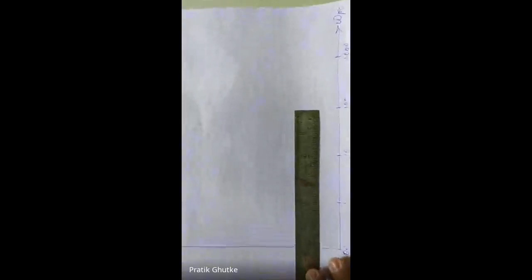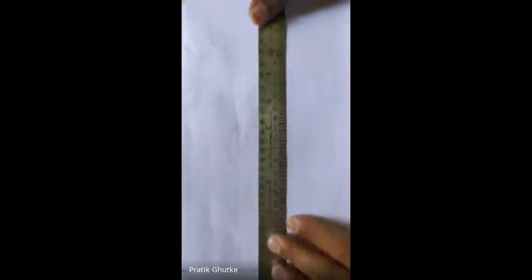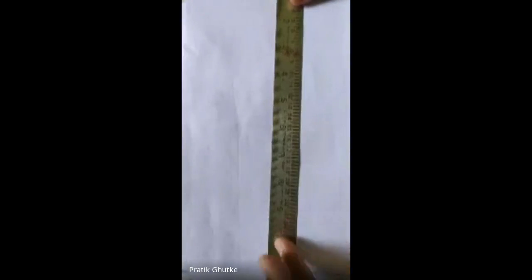I will be plotting 0.1 here, 1, 10, 100, and then 1000 omega PC values. So to draw the Bode plot, I will now calculate the 0 dB line first of all.